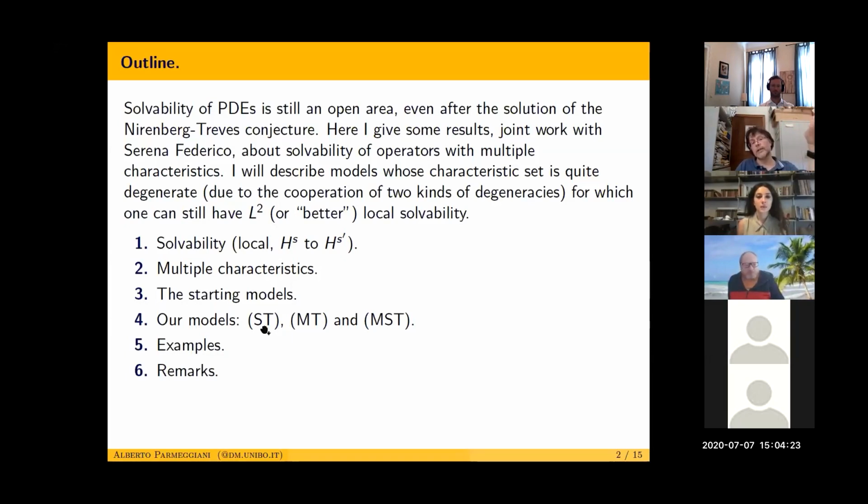ST stands for Schrodinger type, MT for mixed type, and MST for mixed Schrodinger type. These are three different classes of operators that will be considered. In the meanwhile, we give examples, and we'll be closing by giving a few remarks.